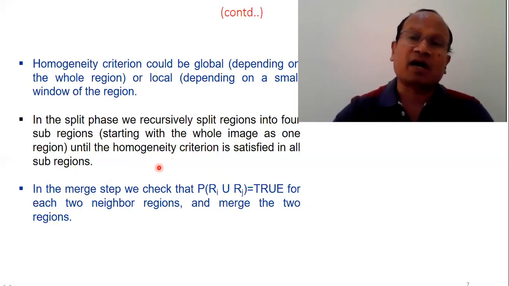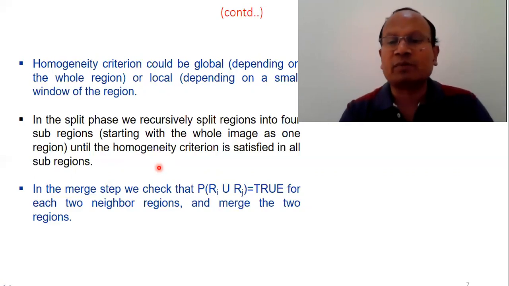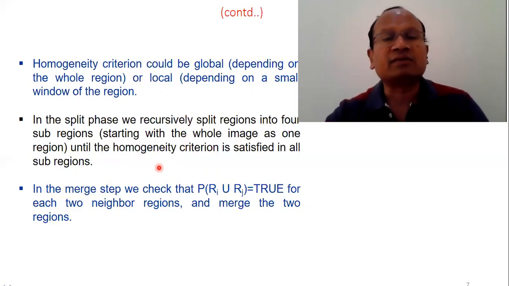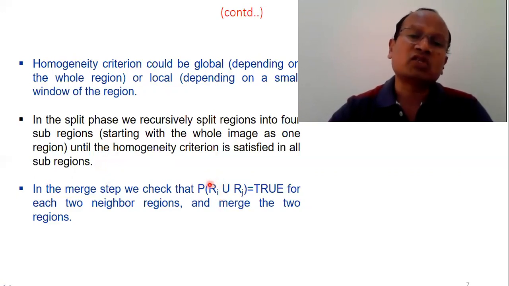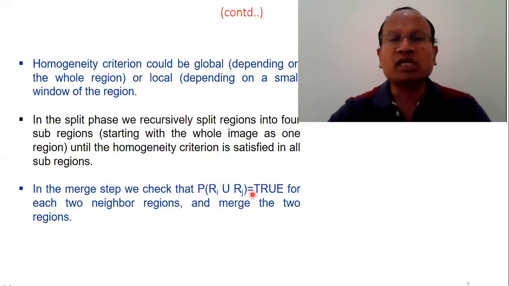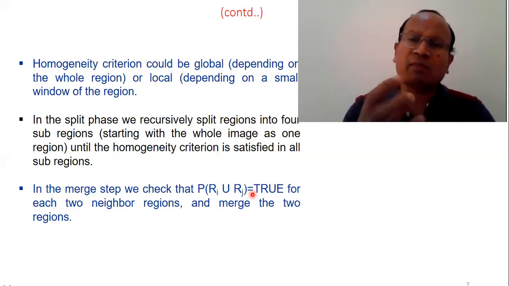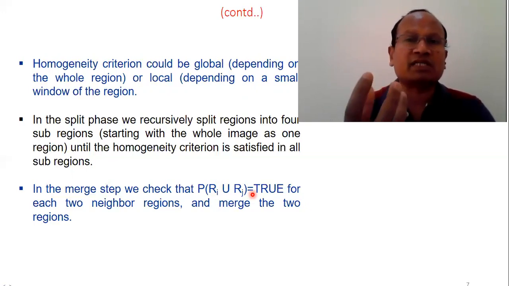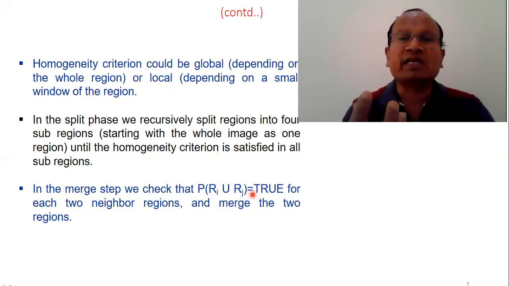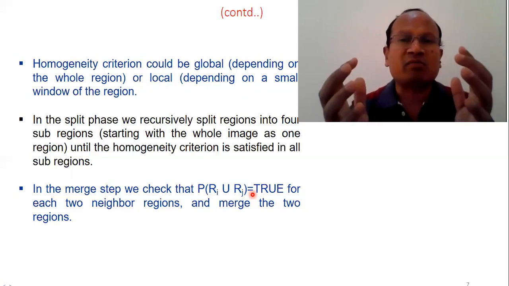In the merge step, once the split is done and no more split is possible, we start the merging. The merge step will check the criterion. If there are 2 regions having some similarity, and that criterion is giving true, it means based on that similarity, based on that uniformity, the 2 regions can be combined.